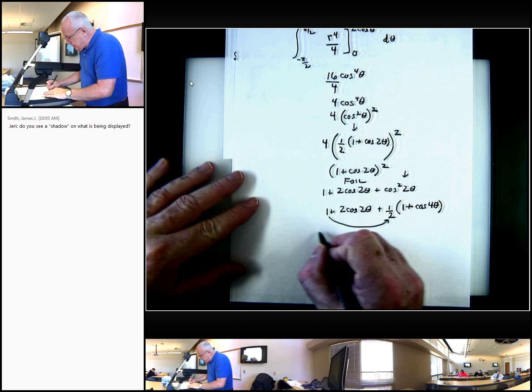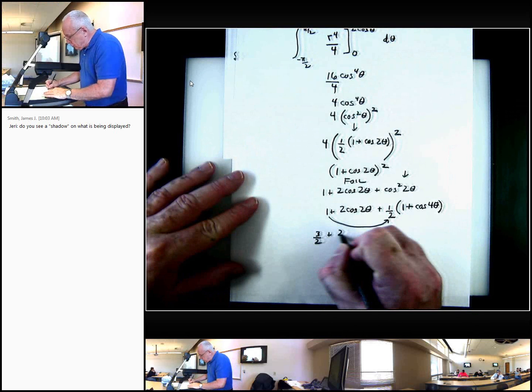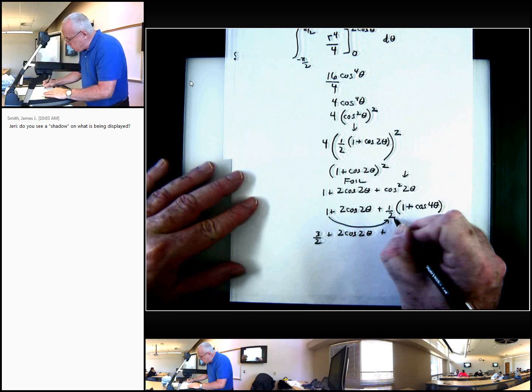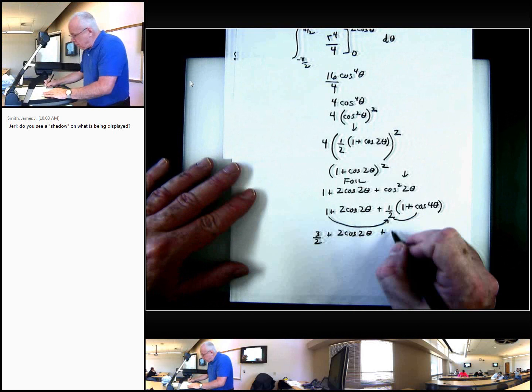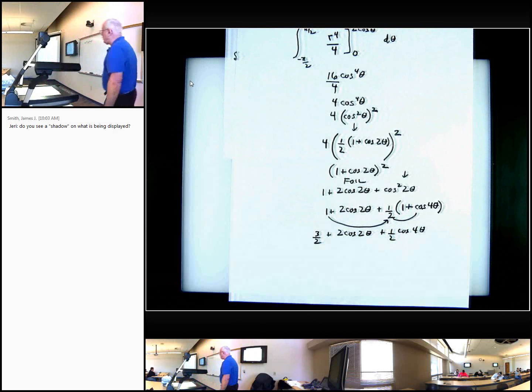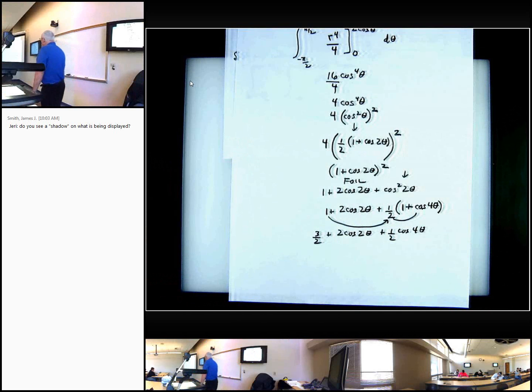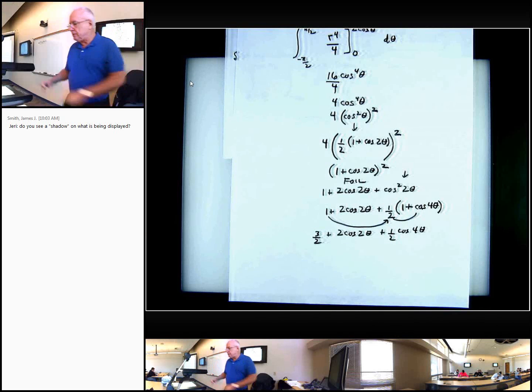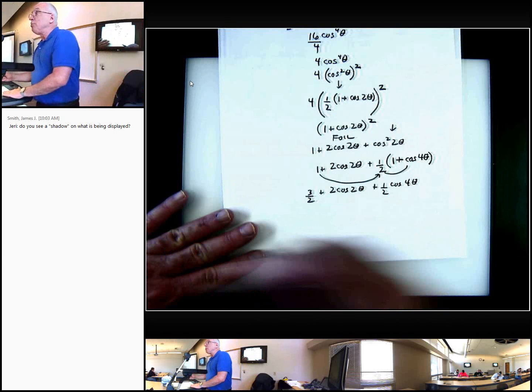So we get this, 3/2 plus 2 cosine of 2 theta plus 1/2 cosine of 4 theta. Now we can figure out the antiderivative, and then we'll take a break.